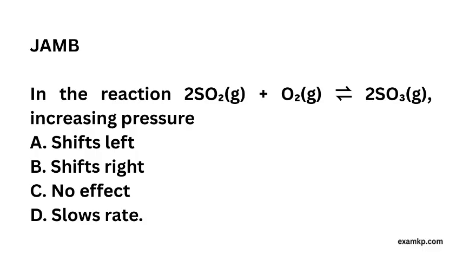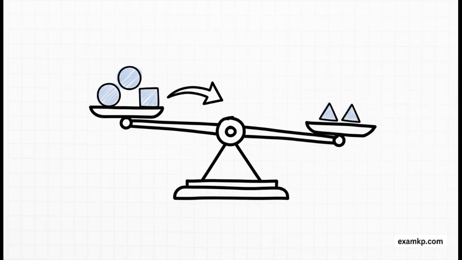Let's try another one, this time focusing on equilibrium. We've got this reaction here, all gases. What happens if we crank up the pressure? Now remember Le Chatelier's principle, the system is going to try to reduce that pressure. How can it do that? And the answer is B, it shifts to the right. The logic here is all about counting the gas molecules.